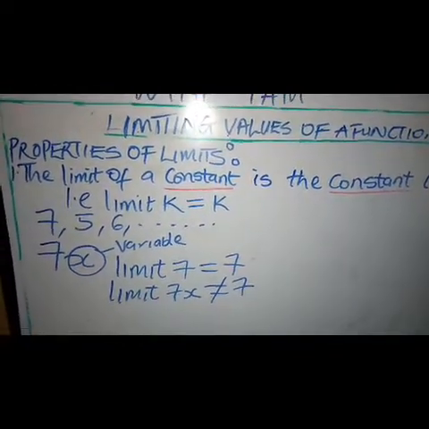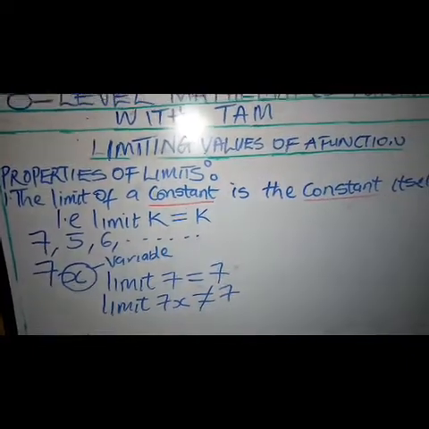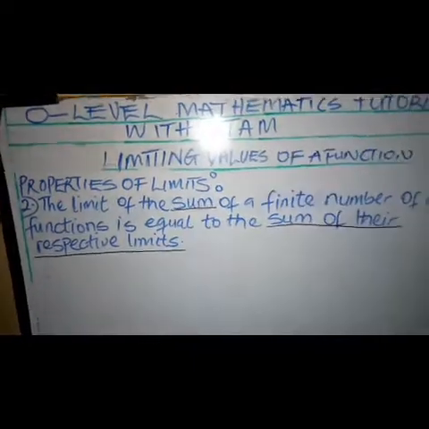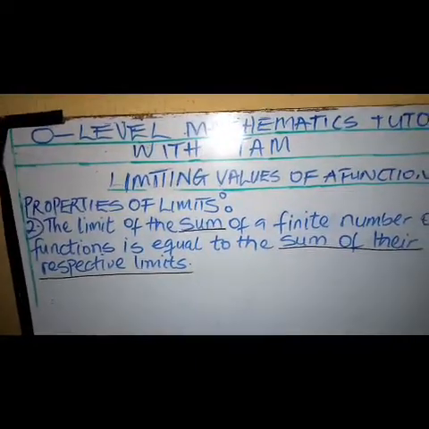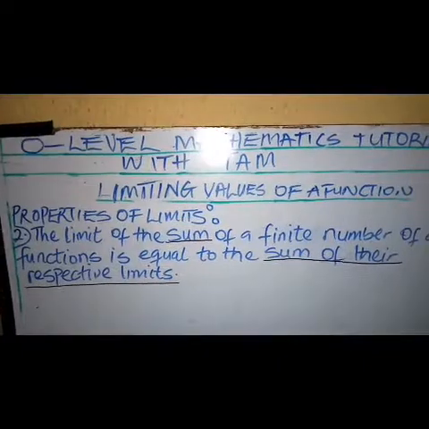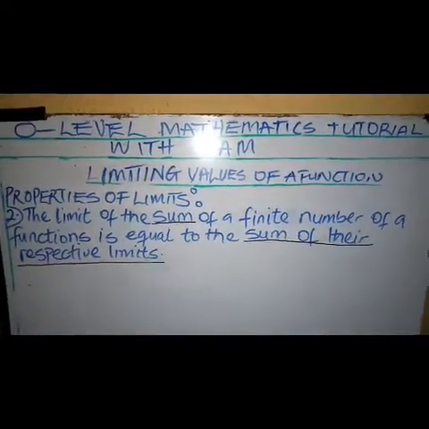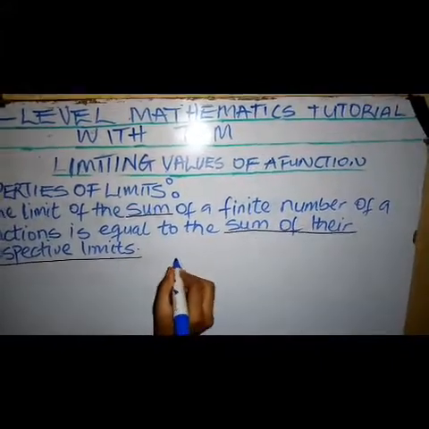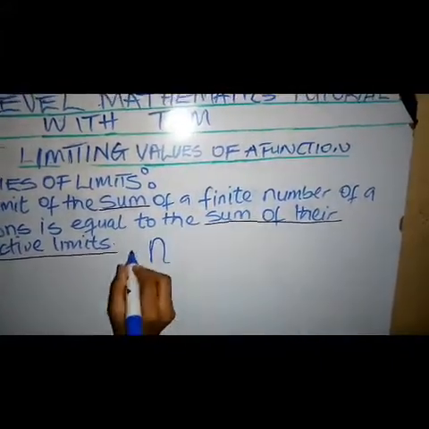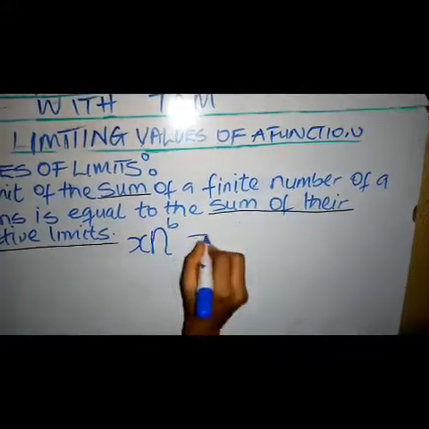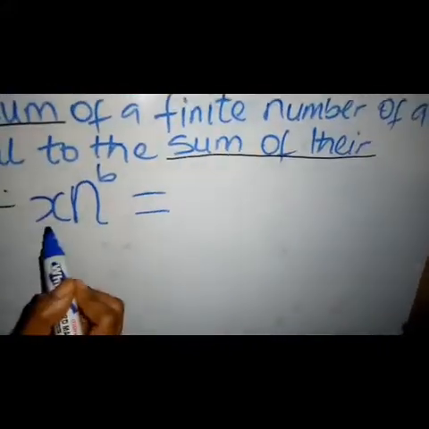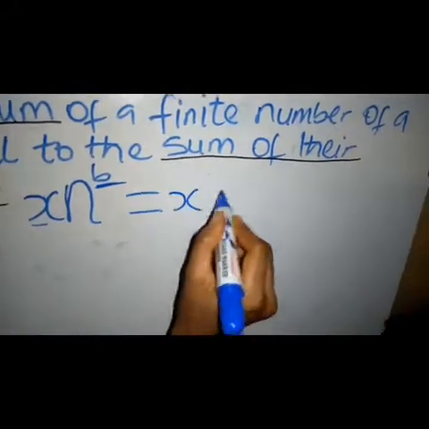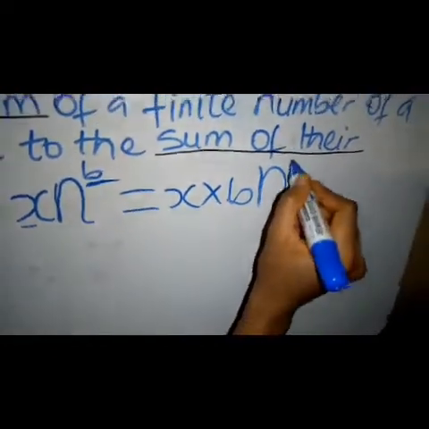Now let's go to the second property of a limit. The limit of the sum of a finite number of functions is equal to the sum of their respective limits. Before we move to this, let's talk about the general formula. The general formula says that the derivative of ax raised to power b equals the multiplication of the constant with the power, that is a times b times x raised to power b minus 1.